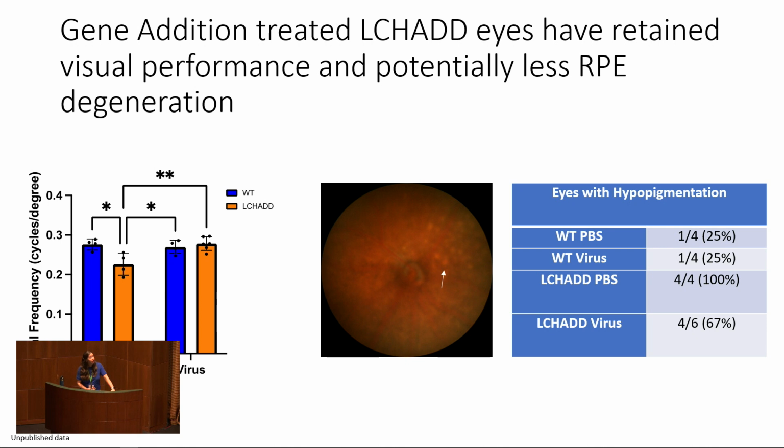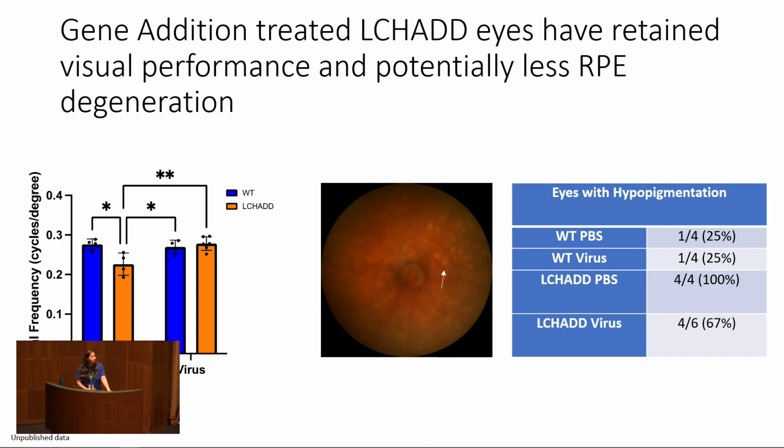So we'll first look at the visual performance results of the gene addition. I do want to say that for this study, the sample size was really small, so many, many more studies will need to be done in order to confirm this. But it was really exciting preliminary results.